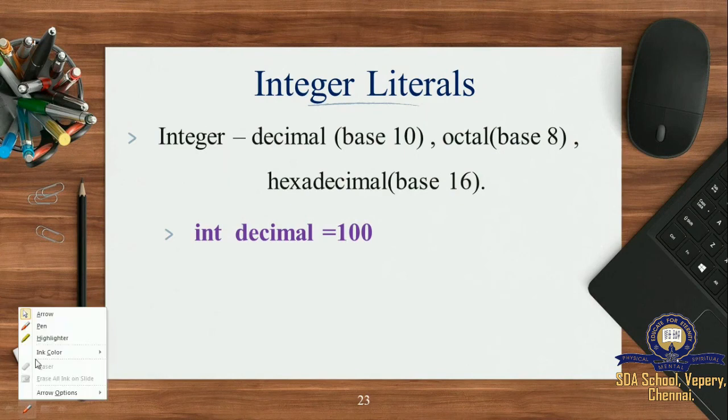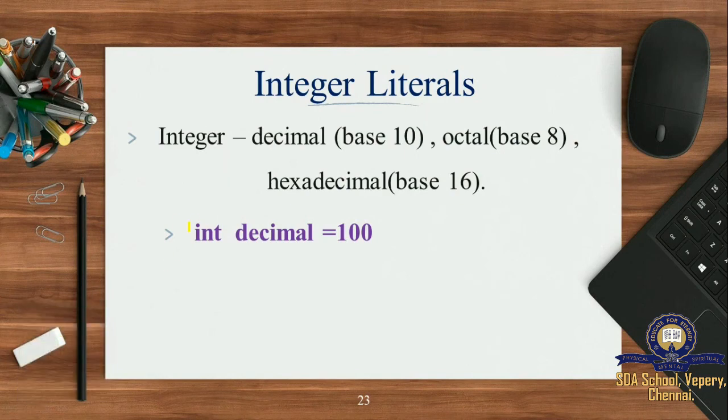So int is a keyword. You always have to write integer as int in your program. Int decimal equals, it starts from any number 1 to 9, and any combination of 0, 1, 2, 3 may follow.